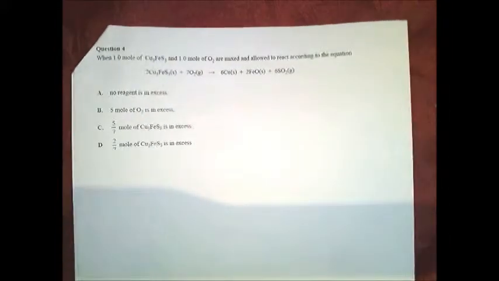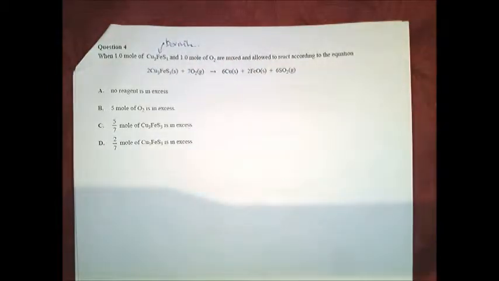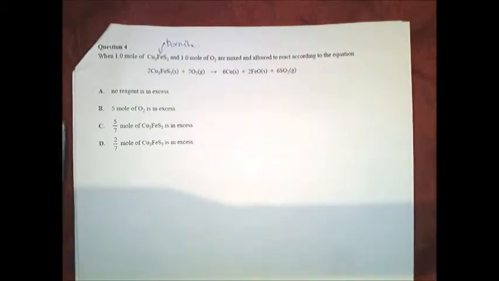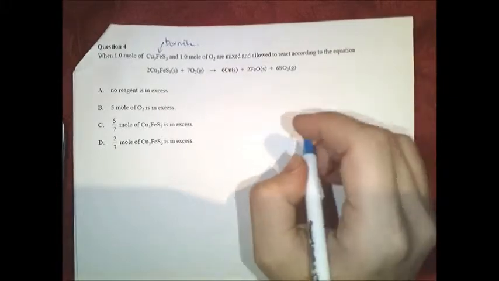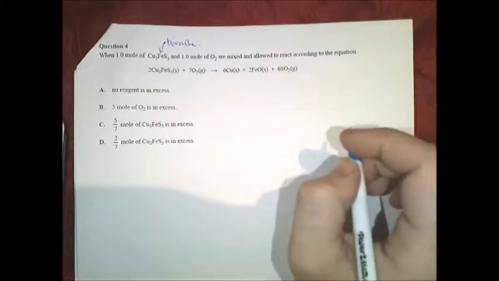Finally, this question was done horribly by the state, so I thought I'd go through it. It is a limiting excess. So, just wanted to know what it's called, bornite. When 1 mole of bornite and 1 mole of oxygen react, they react according to the equation. Okay, no reagent is in excess.